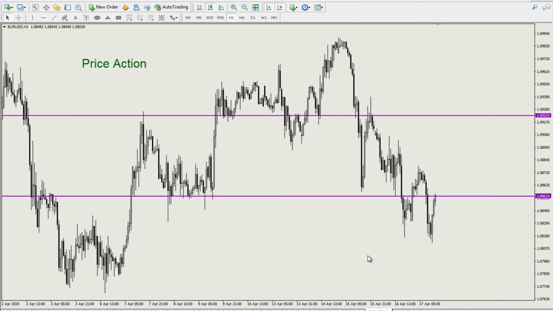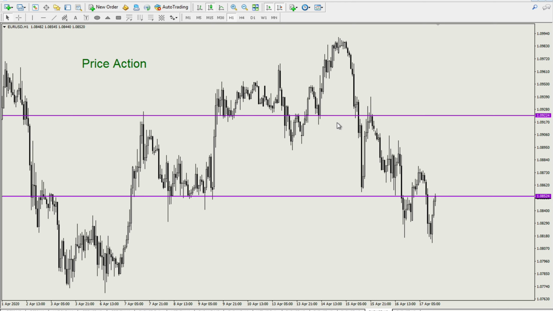Let's do price action and classic technical analysis together. I've got it on the second chart, but let's count it as one in that case. So with the price action, again, there are some movements we can see.